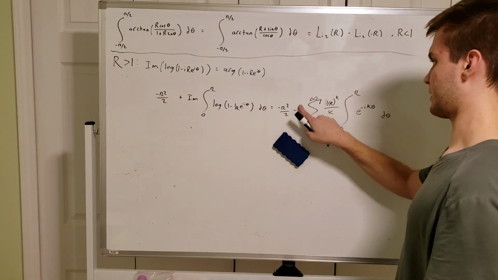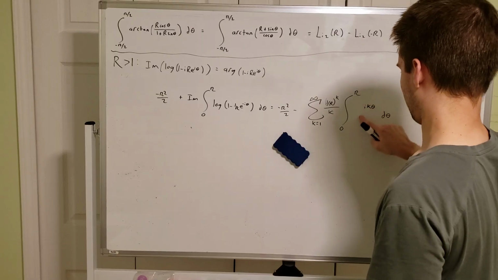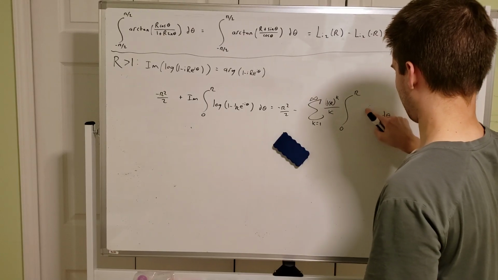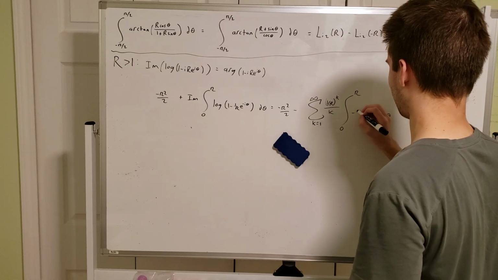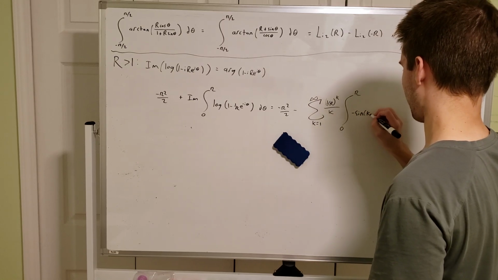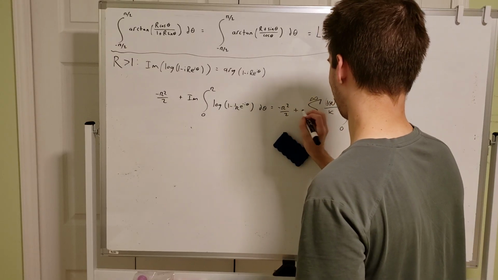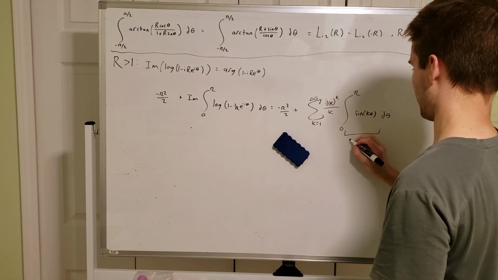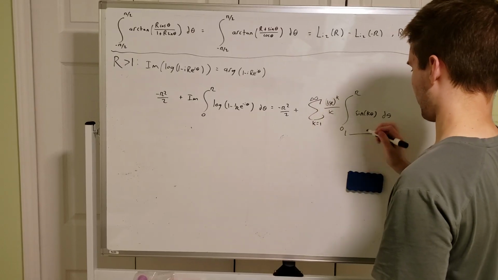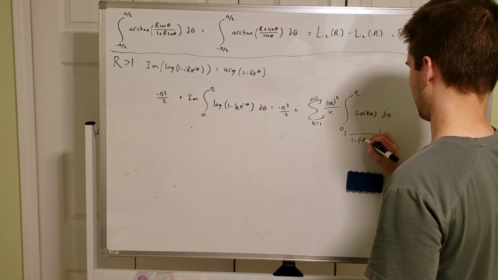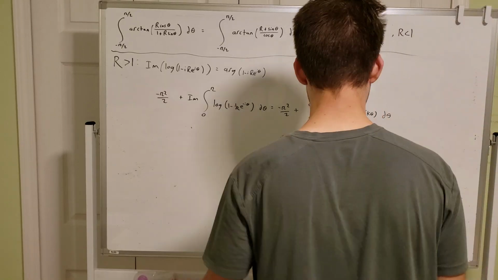But we can just remove this imaginary part because everything here is linear. We get a minus sine k theta, which removes our negative out here. And you know that this integral is just, the other way around, 1 minus minus 1 to the k over k.